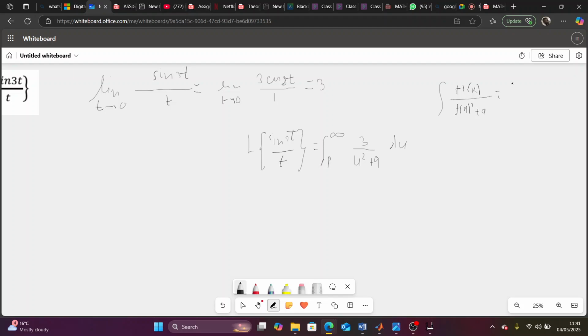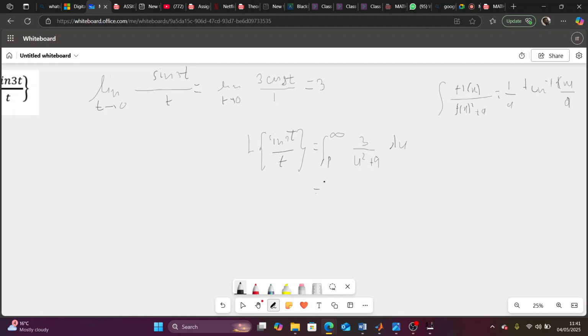They say it is 1 over a tan inverse of f of x over a. So can you apply it here? Remember, f of x in our case is u, Mr. Trinici. That's why this formula actually works.